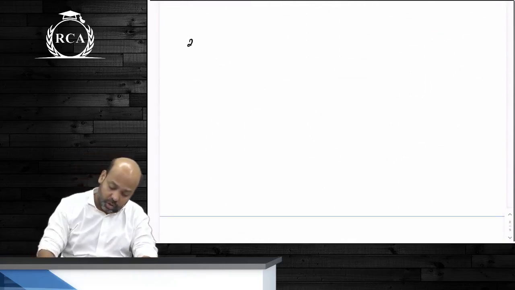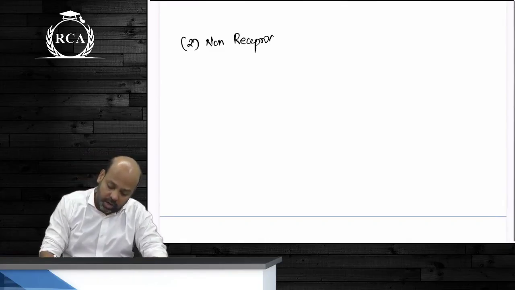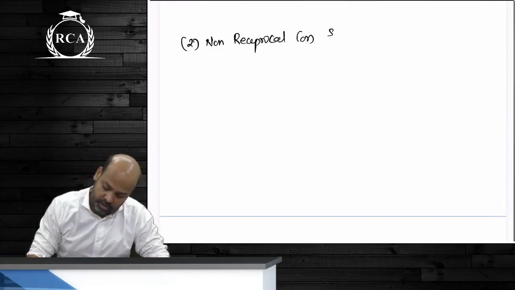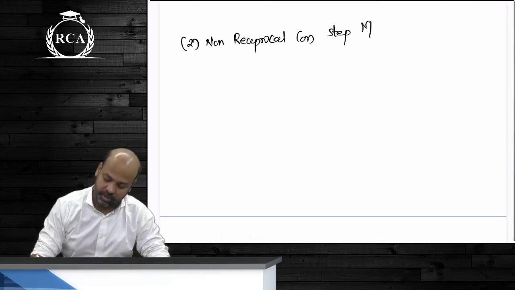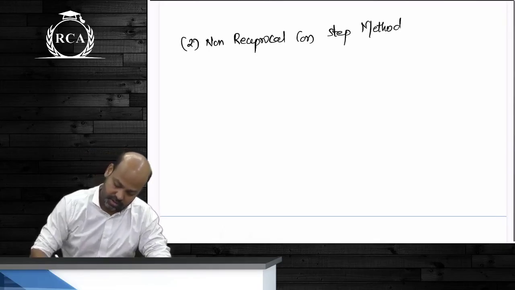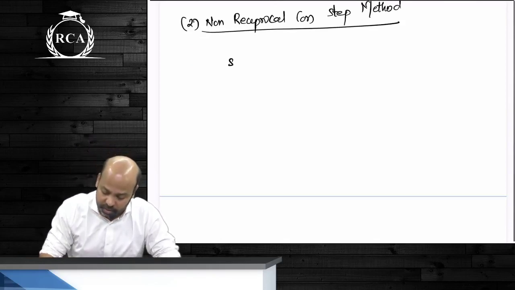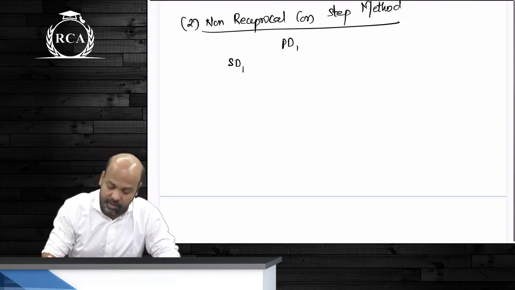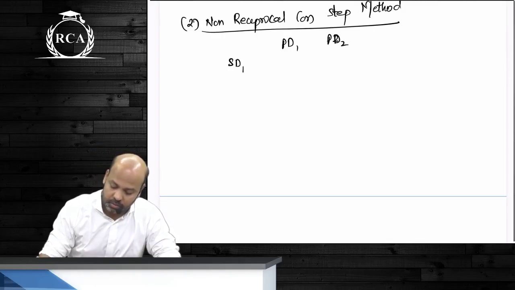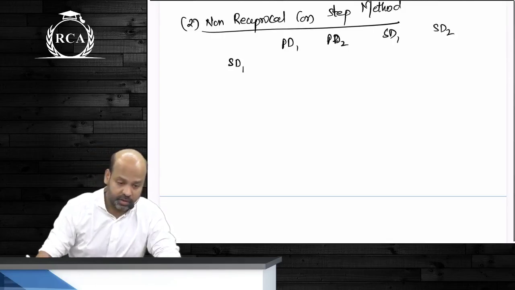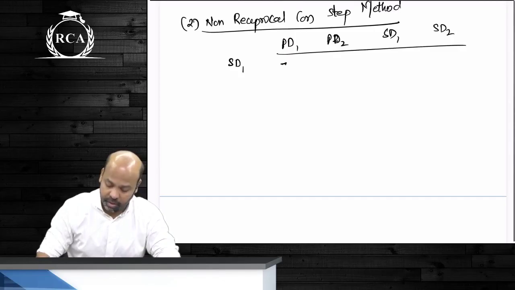Second one beta, non-reciprocal method or step method. Example, SD1 पहले कितना दिया था मैं PD1 PD2 percentages, 70%.